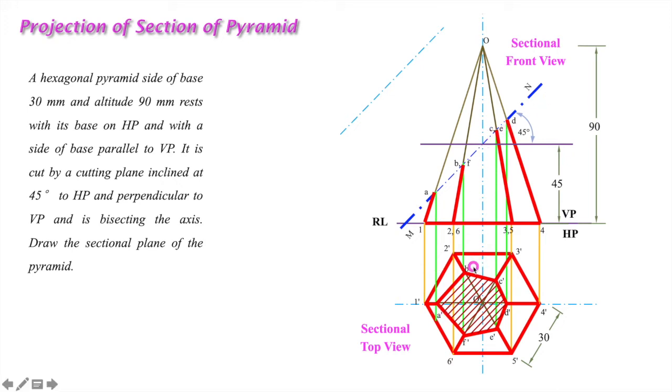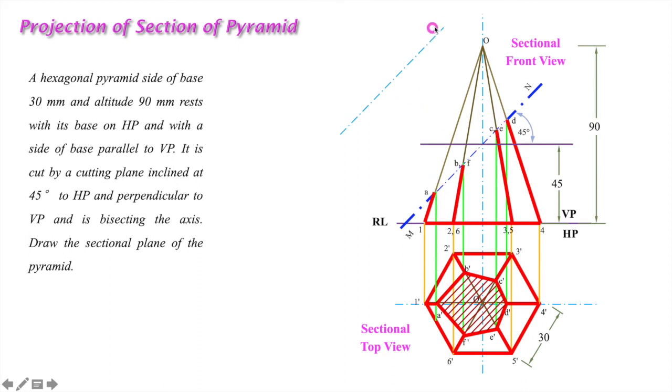But in this direction, which is perpendicular to this axis, this dimension has not changed. In the top view we are getting the same dimension here. So we will take this dimension and this length. How?